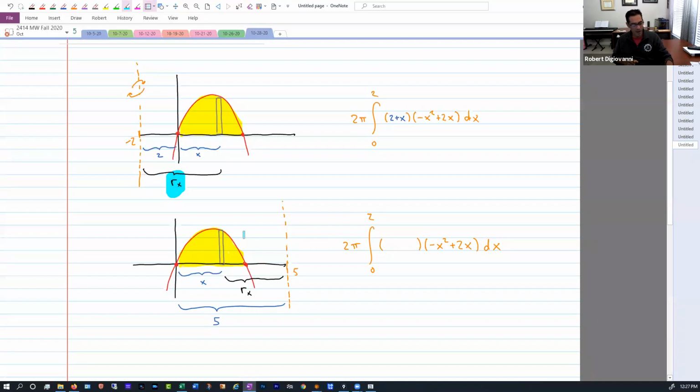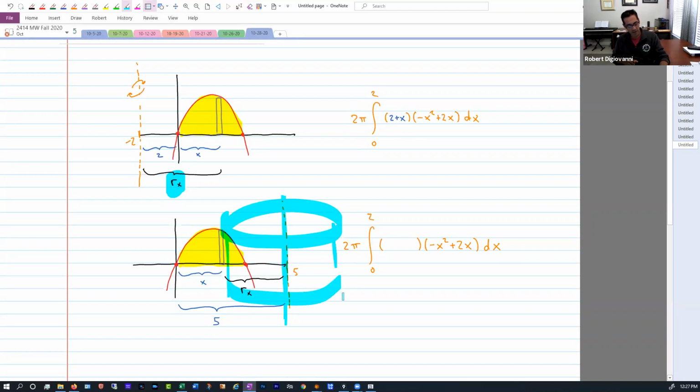Now look at the second one. We know that our axis of rotation is over here on the side. So when we wrap these things around, they're going to create these cylinders. But our radius then is this distance from here to here, which I have in black there. So what we need to do is figure out the distance from the axis of rotation to the rectangle.